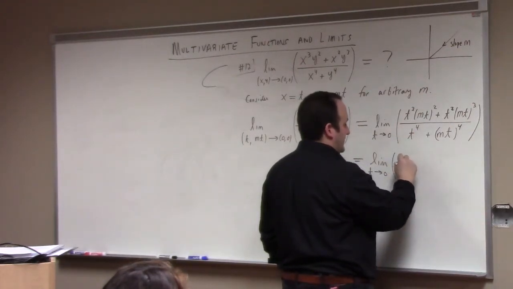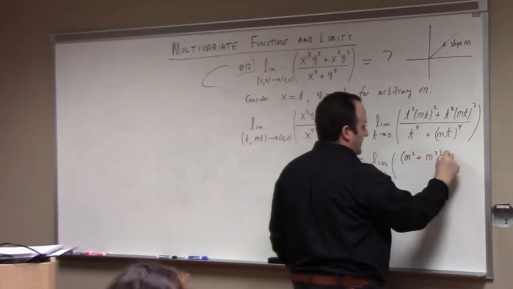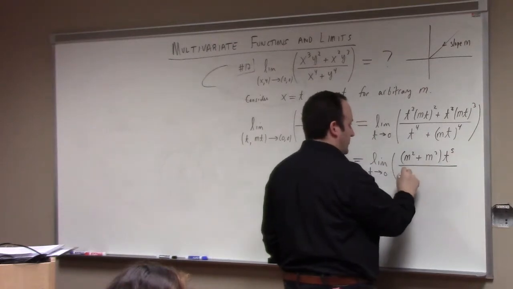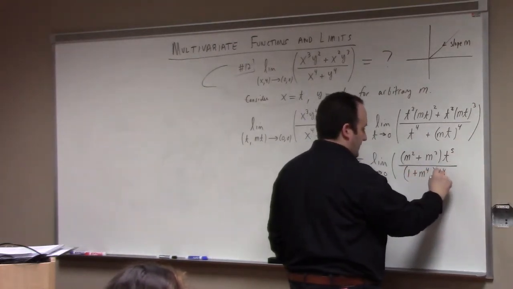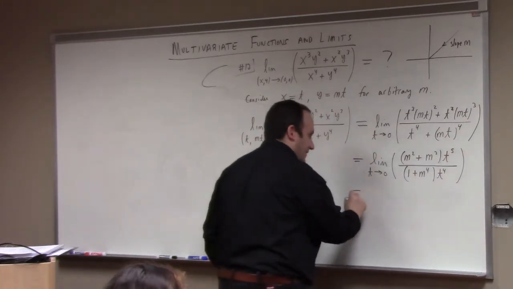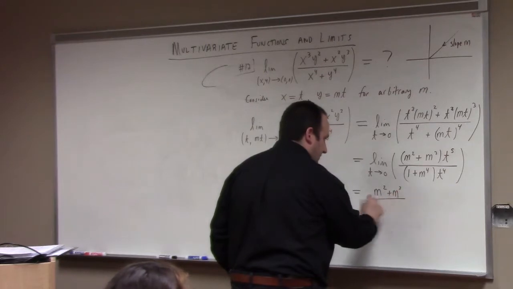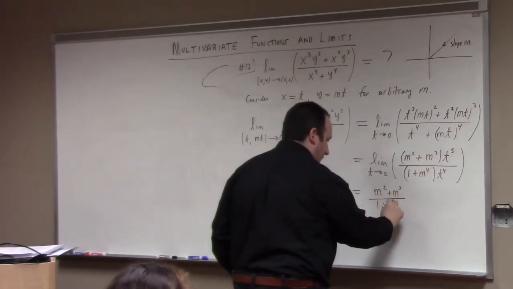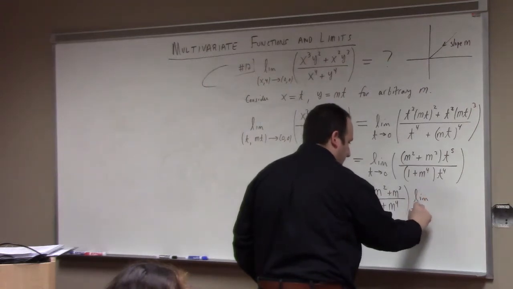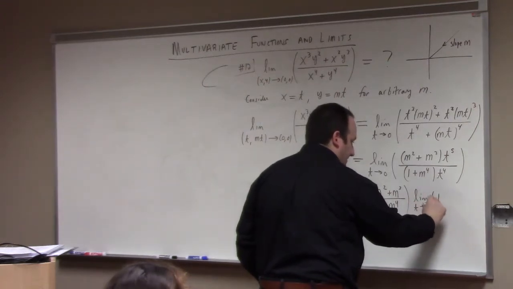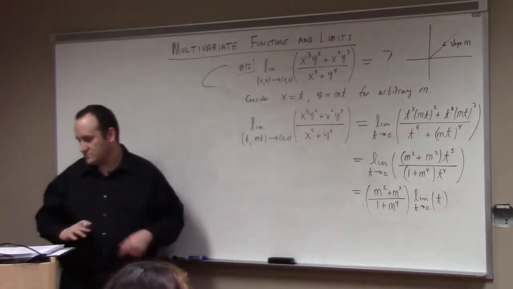So this is (m squared plus m cubed) t to the fifth, divided by (1 plus m to the fourth) t to the fourth. This is very, very disappointing, because this gives us (m squared plus m cubed) divided by (1 plus m to the fourth), limit as t goes to 0 of t, right?